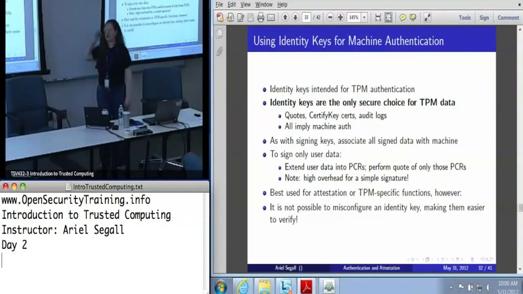There is nothing I can do with an identity key to make it untrustworthy. That's the whole point. They are always created non-migratable, maximum key length. There aren't any options you can mess up, and they are only ever used for the TPM data. So, in general, identity keys are most powerful, largely because they let you get away with assuming things that signing keys do not, when it comes to just plain authentication.